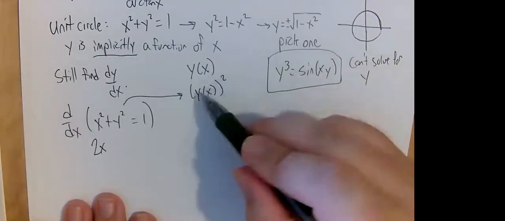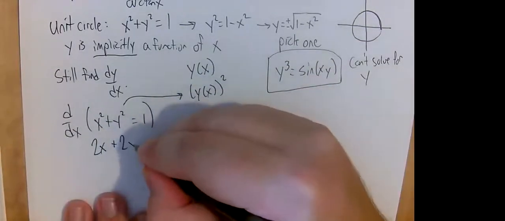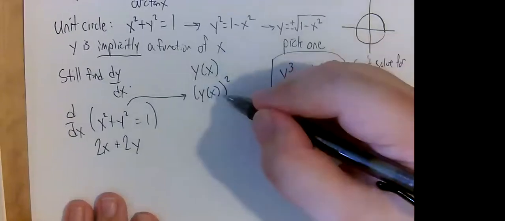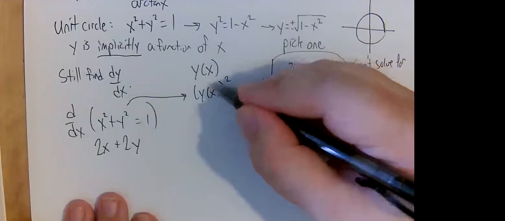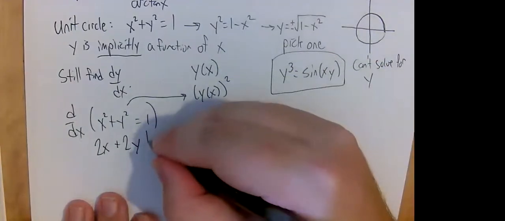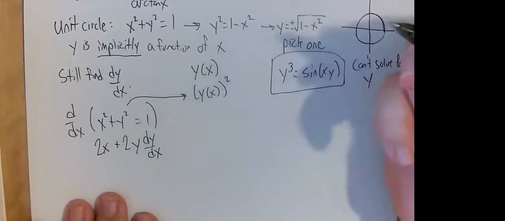So the derivative of something squared, as we just saw, is 2 times whatever you're squaring. We have 2y, but then we multiply by the derivative of the inside here. Now the derivative of the inside we can call dy/dx, because that's the derivative of y.